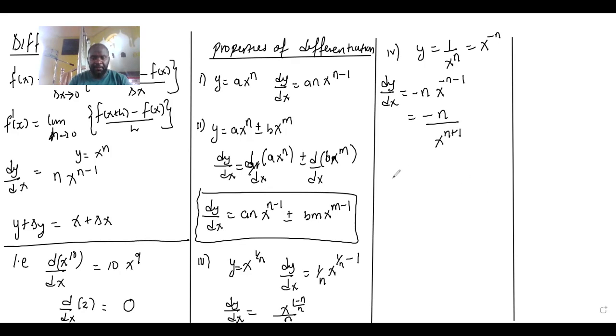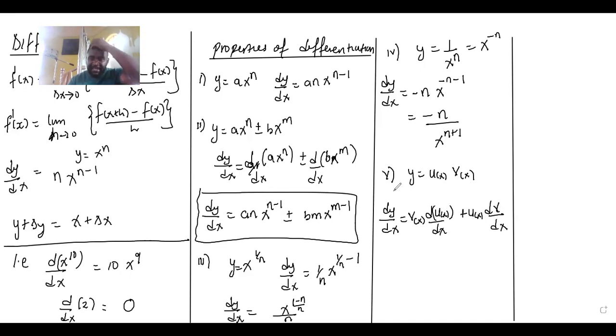The other property could be, if you have a product, for example, if y is equal to a function u in terms of x times a function v in terms of x, then dy/dx is going to be, first keep v constant and differentiate u with respect to x, then plus keep u constant, then differentiate v with respect to x.